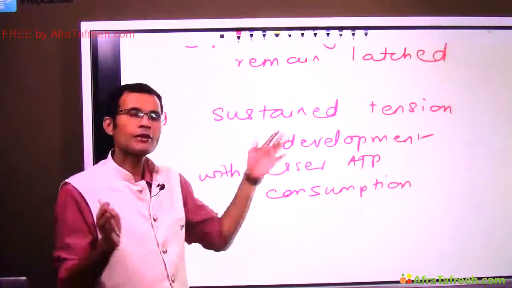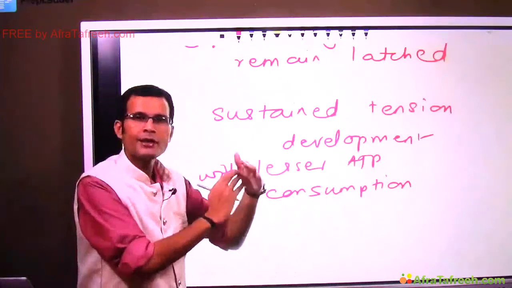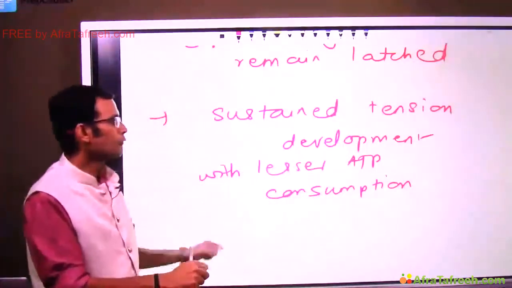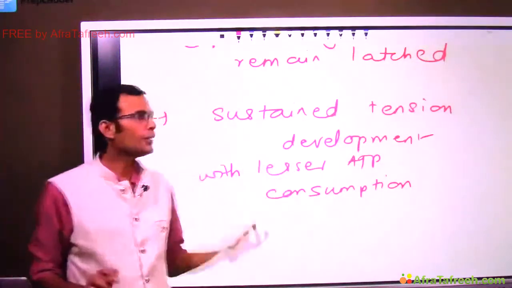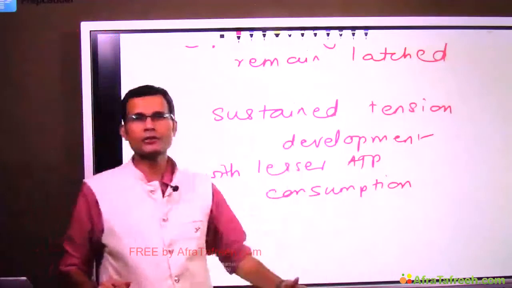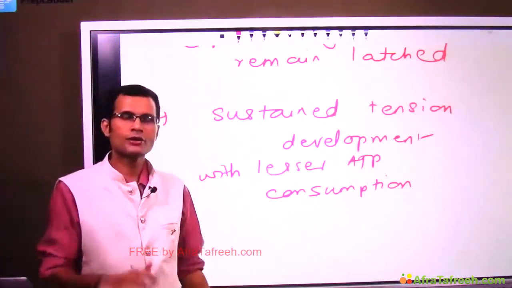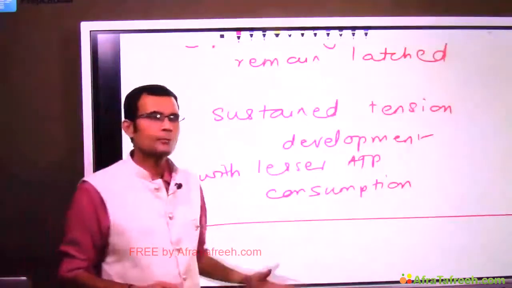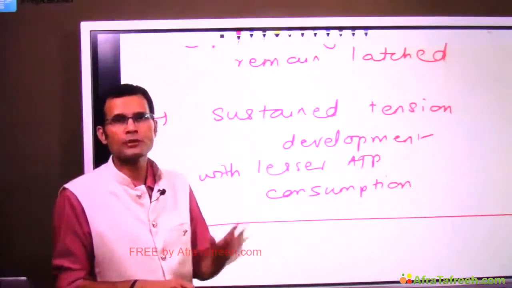But here, after a certain cross bridge cycling has happened, the cross bridges remain latched. There is no further cross bridge cycling, and therefore fewer ATPs are consumed and there is less shortening, and it generates a sustained tension. So that is a very critical difference between smooth muscle contraction and skeletal muscle contraction. And therefore this, in a nutshell, is the characteristics of smooth muscle.